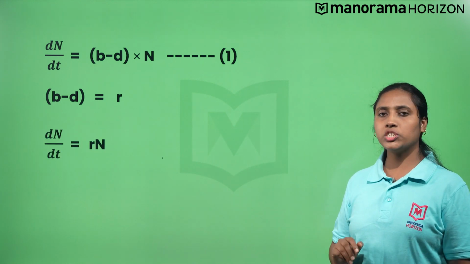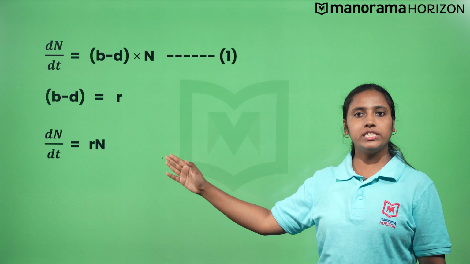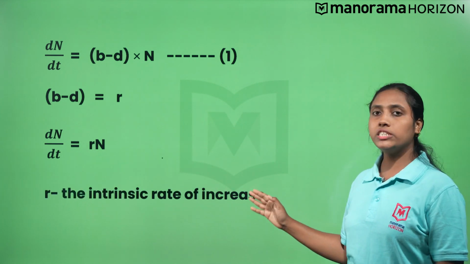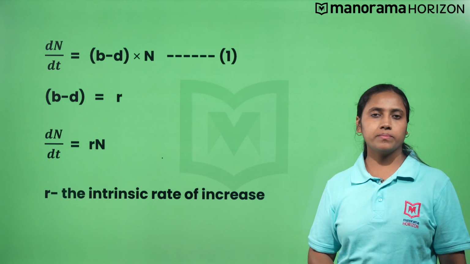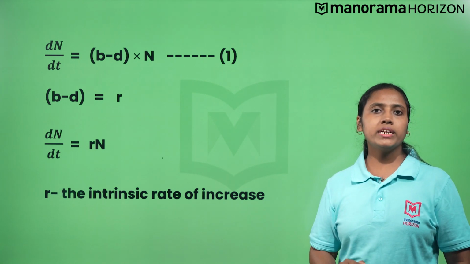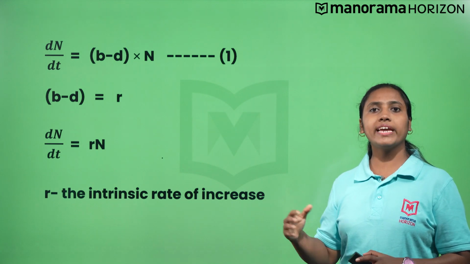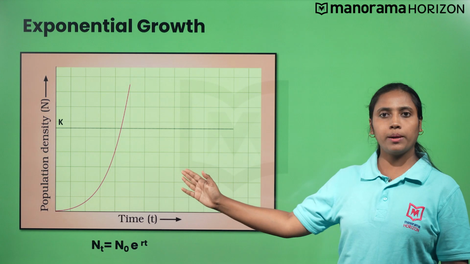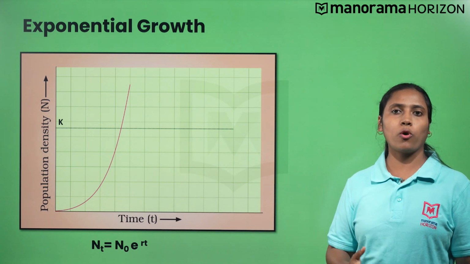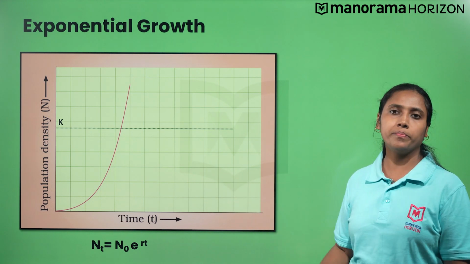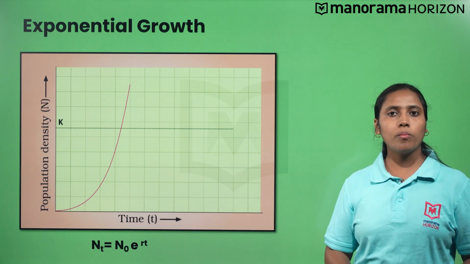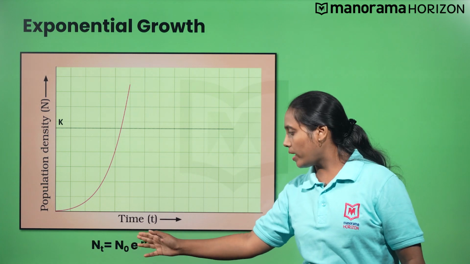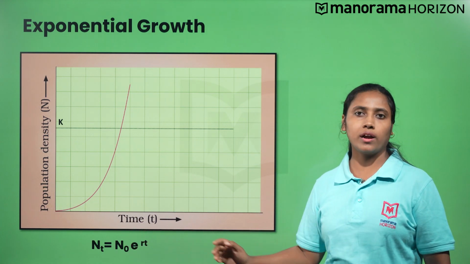Then the equation will be dN/dt = rN, where r is the intrinsic rate of increase. The above equation shows exponential or geometric growth in a J-shaped curve when size is plotted against time. The integral form of this equation is Nt = N0 e^(rt).